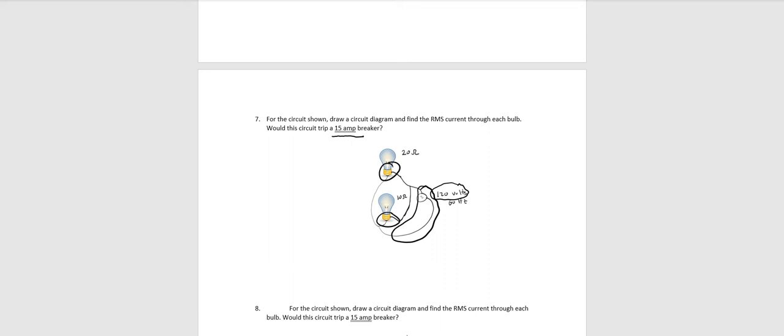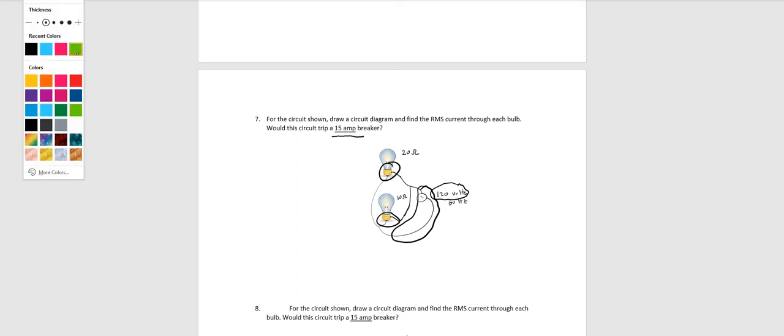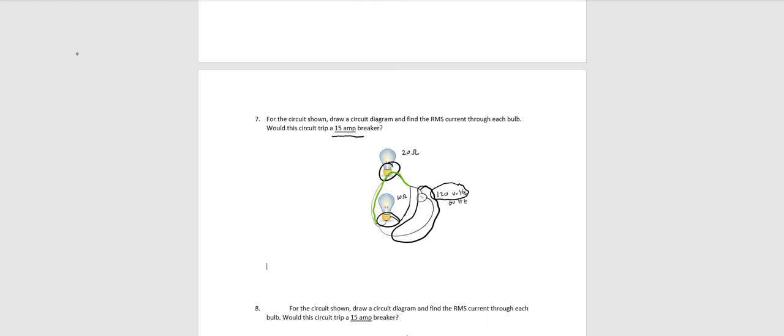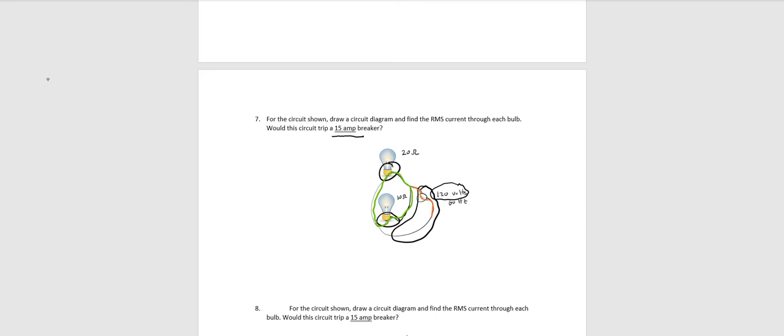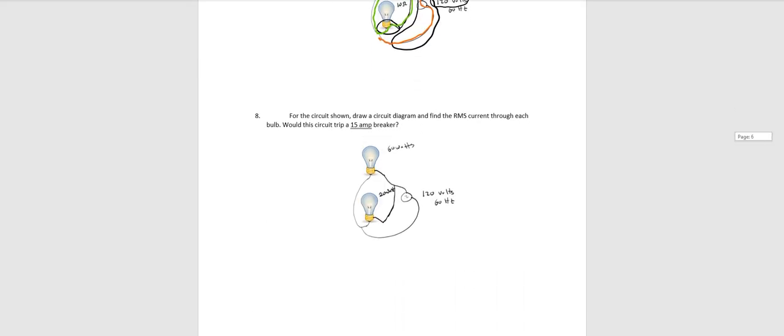Just draw your circuit diagram, find your currents in this branch and then in this branch, and the current in this branch is cumulative, the sum of the two. Then see if that current is bigger than 15. If the answer is yes, then it would trip the breaker, and if not, then the answer is no.